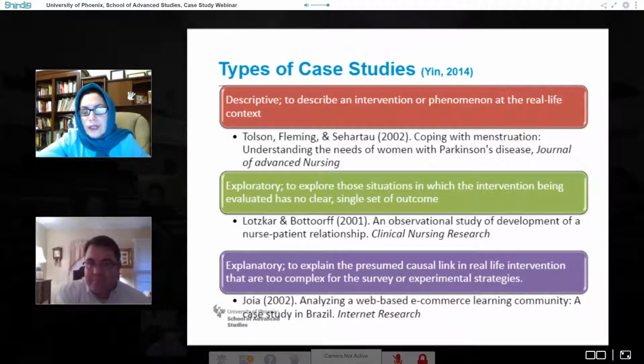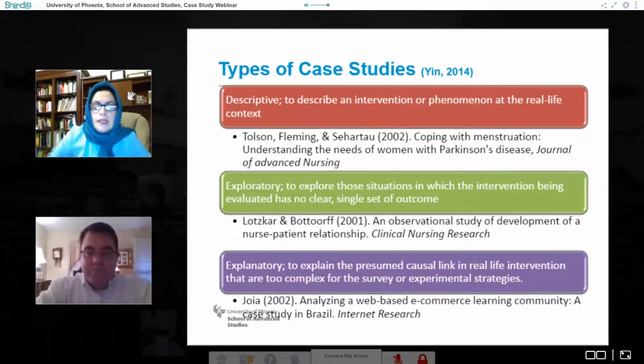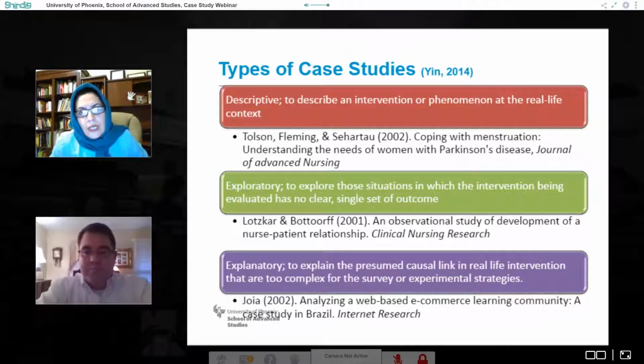I remember one study, and I added another study. The example is analyzing a web-based e-commerce learning community. That was one study. But the other study that I read and I think was interesting was, for example, in Connecticut, and this was a real study, where researchers wanted to find out if we bring down the speed limit to 55, would we reduce accidents or not.